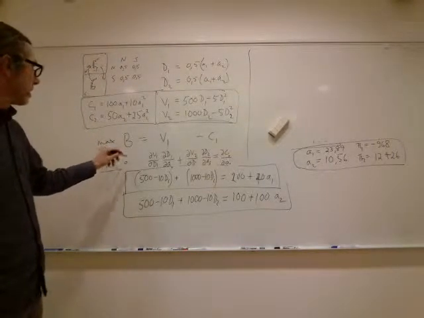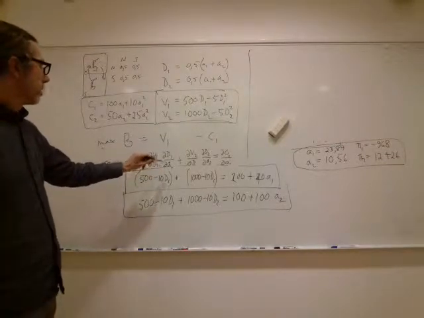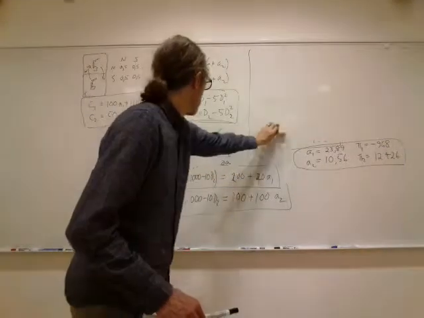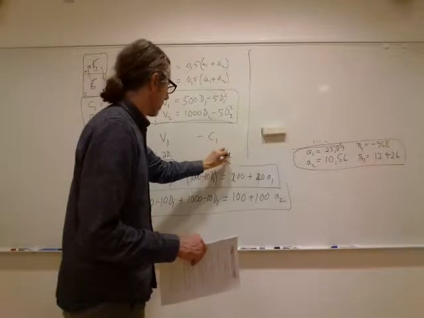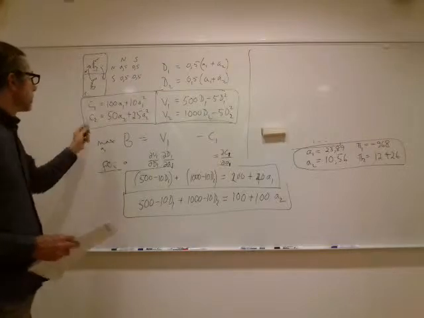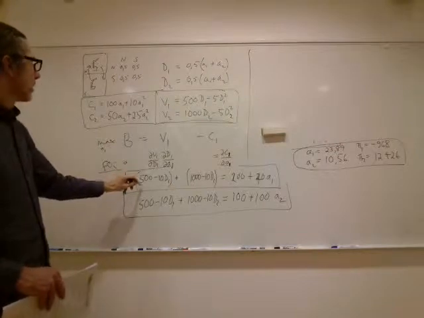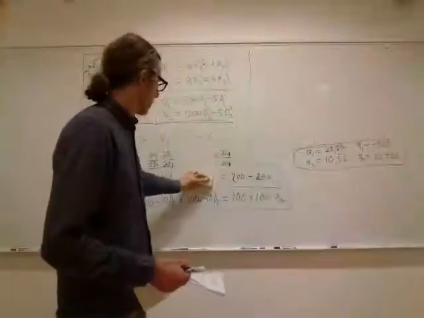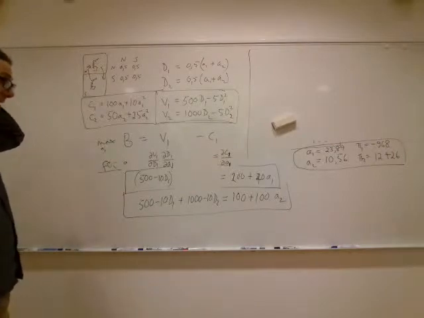So, first order condition in A1: dV1/dD1 times dD1/dA1, this one drops out, equals dC1/dA1, right? So we've got a half times 500 minus 10 D1. This one disappears, and that one is still there. So that's our answer.